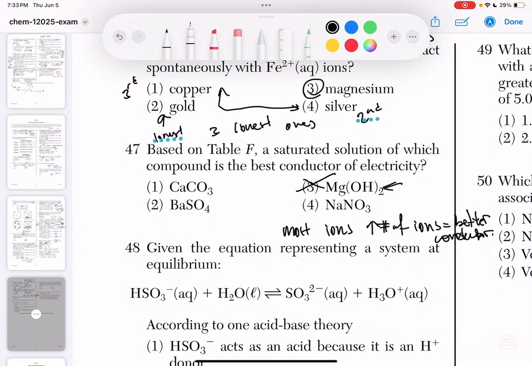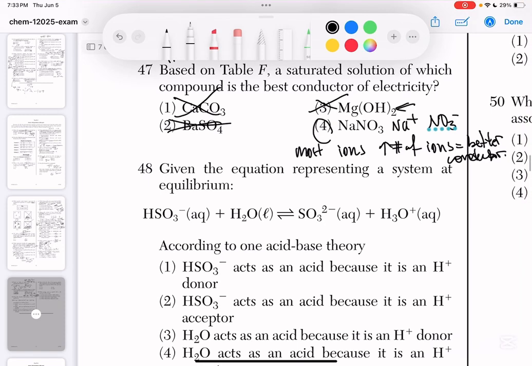And I'm pretty sure this one is also not soluble. Wow, so they gave us 3 insoluble. That was simpler than I thought. Okay, since this is the only one that gives Na and NO3 ions, this one is the best conductor, because none of the other ones are very soluble, meaning that they'll just stay in one piece and be precipitates. So yeah, there's that.